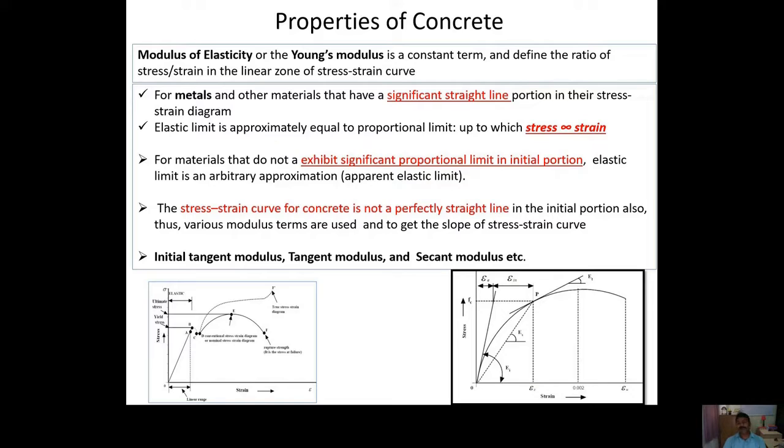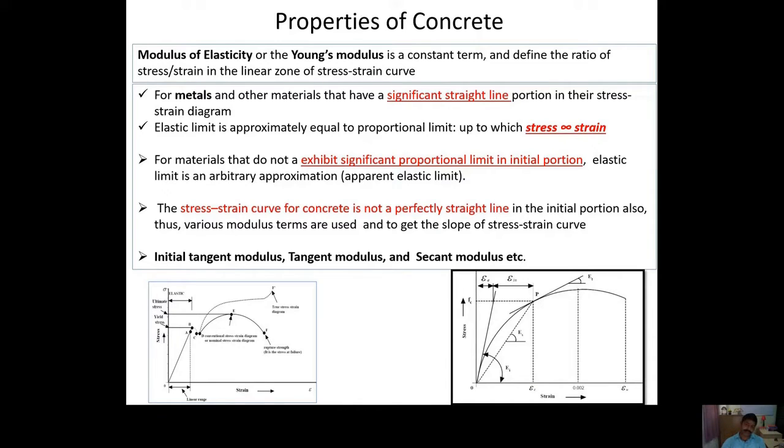I was discussing that most metals normally show a linear portion, and it is easy for us to get the elastic limit or Young modulus. But there are many materials in which we cannot get that straight line, as you can see from the right side graph.